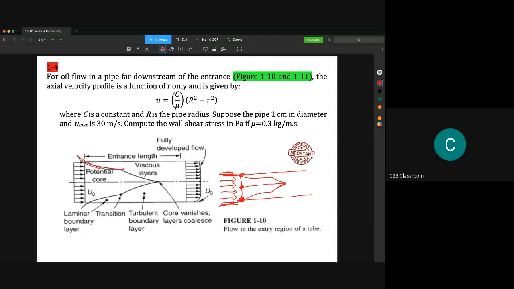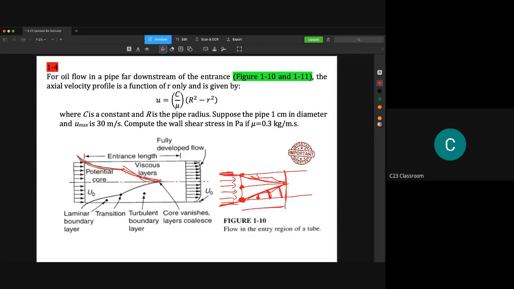It is closely related to the idea of boundary layer, because there are molecules that resist the fluid motion here, until at a certain length.